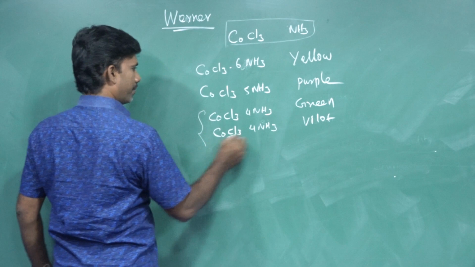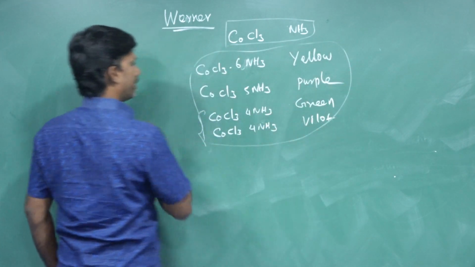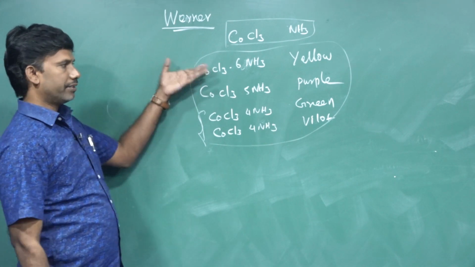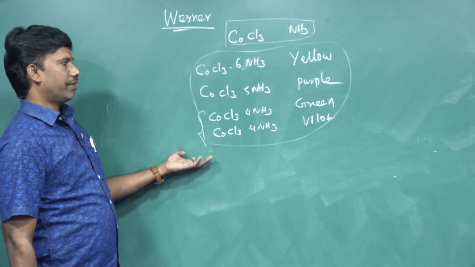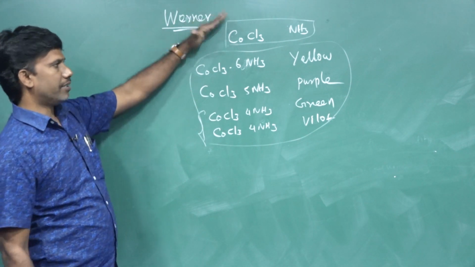So this is the same but a different color is there. He took this compound for analysis. Why do the different colors arise? After a lot of experiments, he gave his postulates. What is there in this compound?